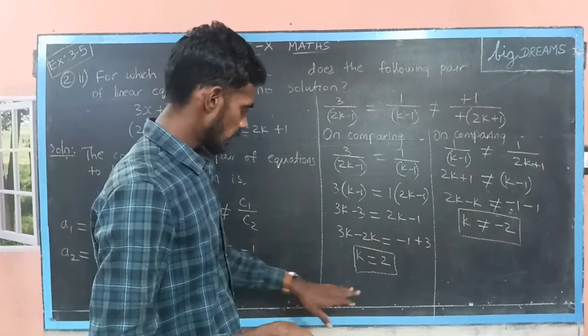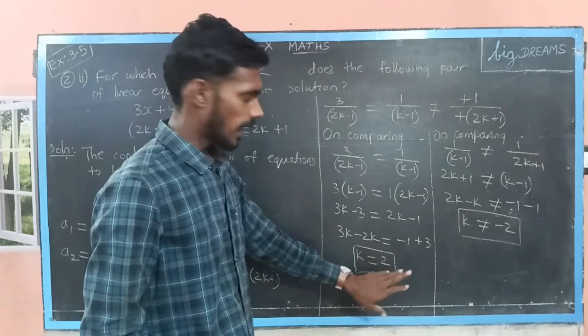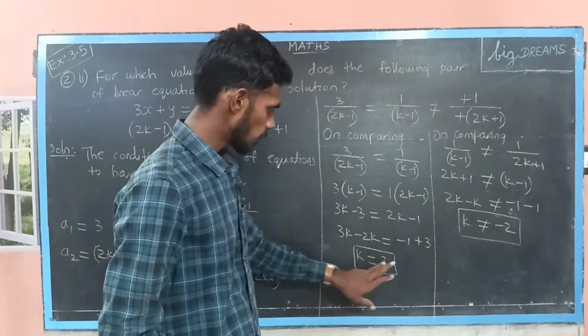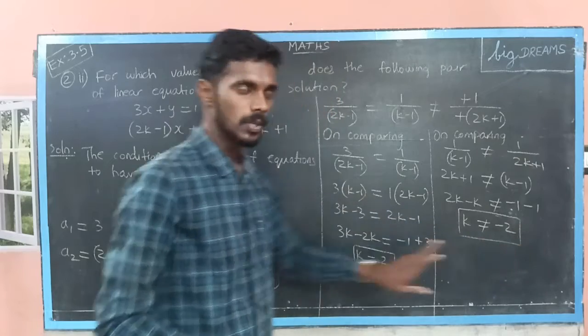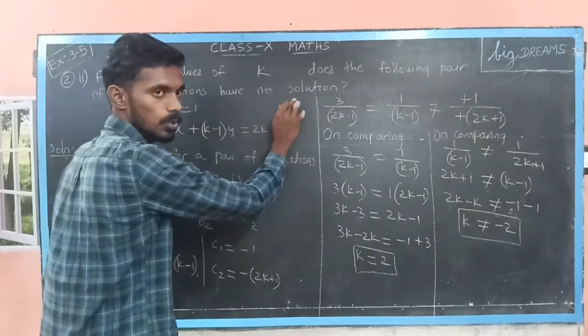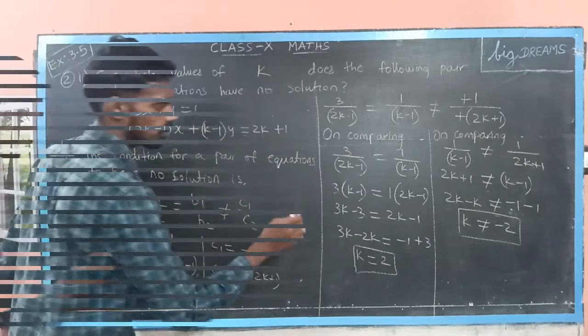Thus, we are getting the value of k to be 2 and k is not equal to minus 2. So, if k is equal to 2 and not equal to minus 2, then we can say the given pair of linear equations will be having no solution. Okay, so let us conclude.